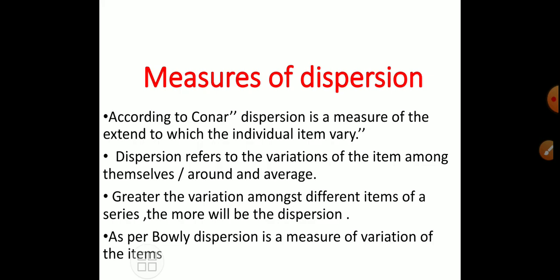Greater the variation amongst the different atoms of the series, the greater will be the dispersion. Definitely Kenya, not being that developed, has a greater dispersion as compared to the other countries, isn't it? So that is the measurement.